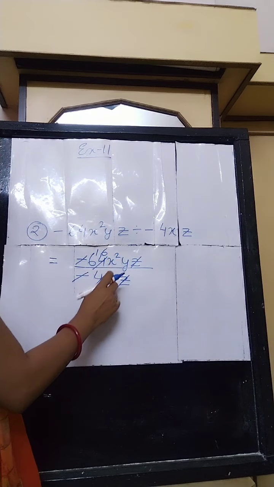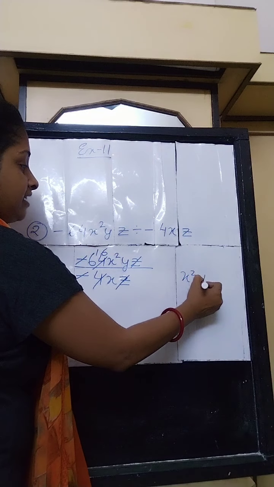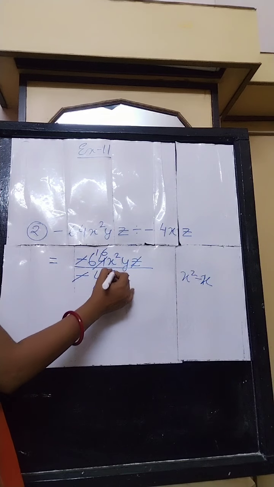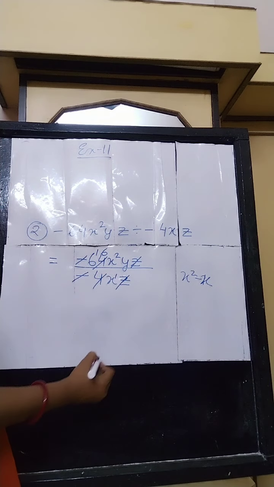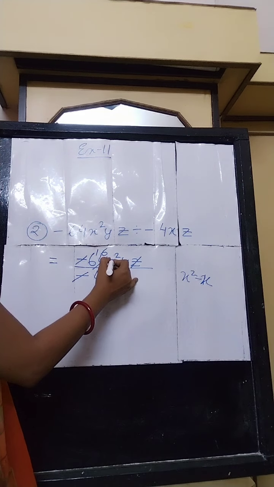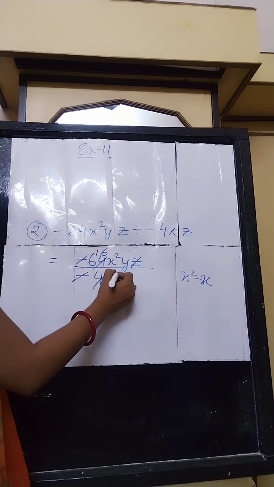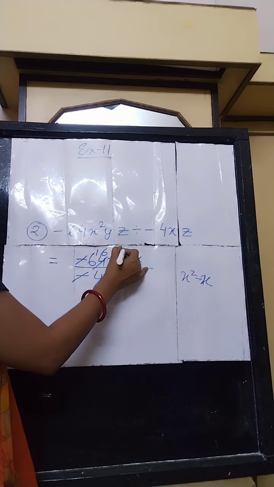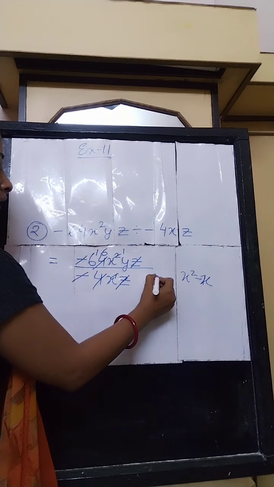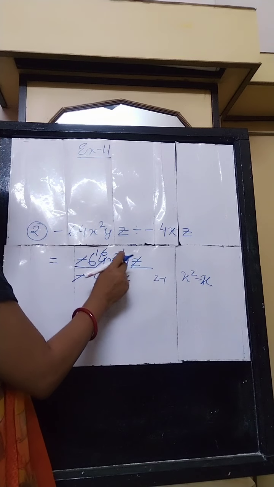So x square minus x, which means x to the power 1, leaves x. Remember, 2 minus 1 gives you 1. 2 is in the numerator, 1 is in the denominator, so 2 minus 1 gives you 1.